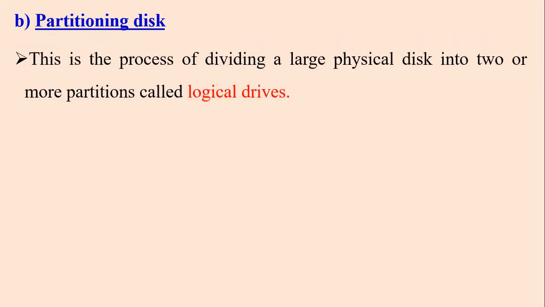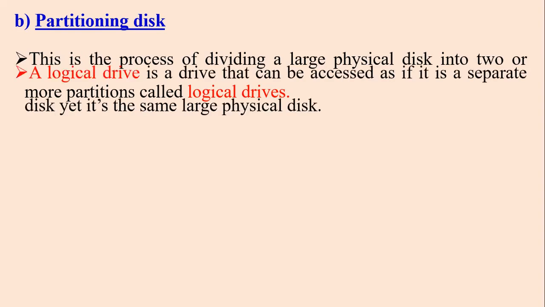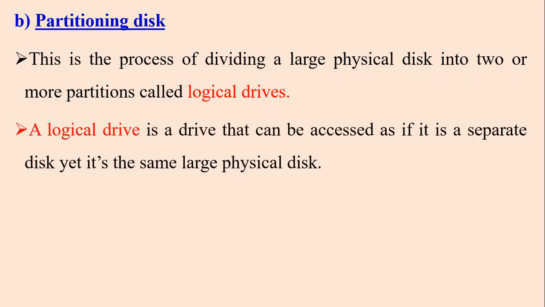Number 2 is partitioning disk. This is the process of dividing a large physical disk into 2 or more partitions, which we call logical drives. A logical drive is a drive that can be accessed as if it is a separate disk, yet it's the same large physical disk.